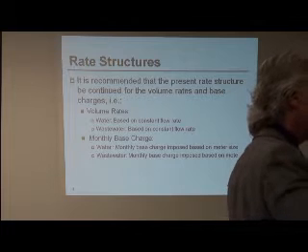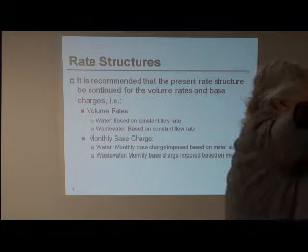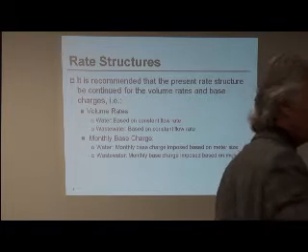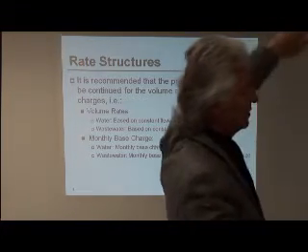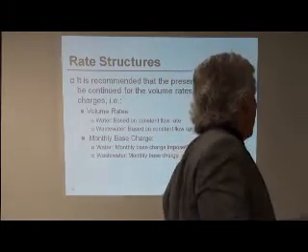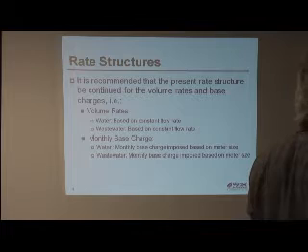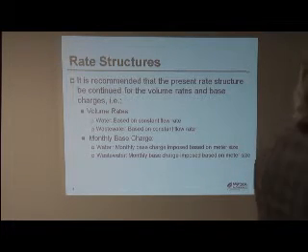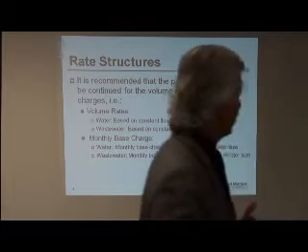There's different charges. Some are increasing blocks, so as you consume more, you pay more per cubic meter. That's to encourage conservation. And then there's a decreasing block, which is normally to help out large water users, right? Because the more they consume, the less they pay, and it's kind of like an economic development measure.